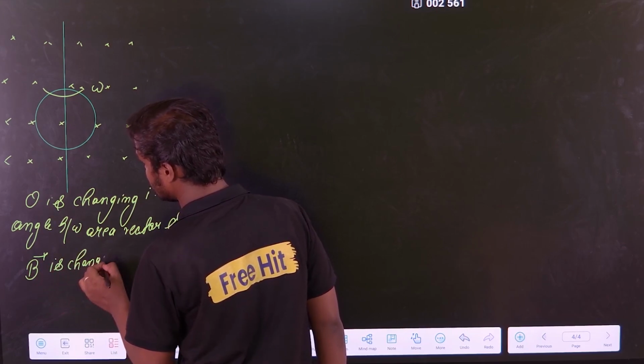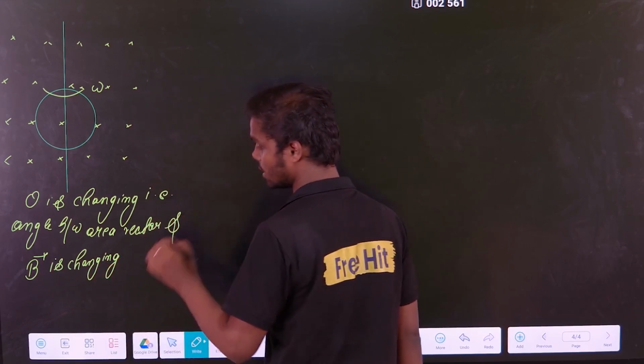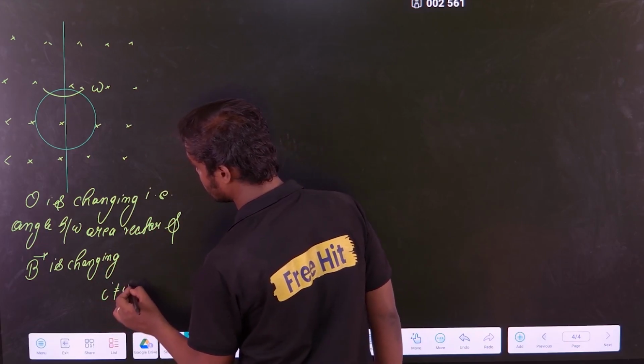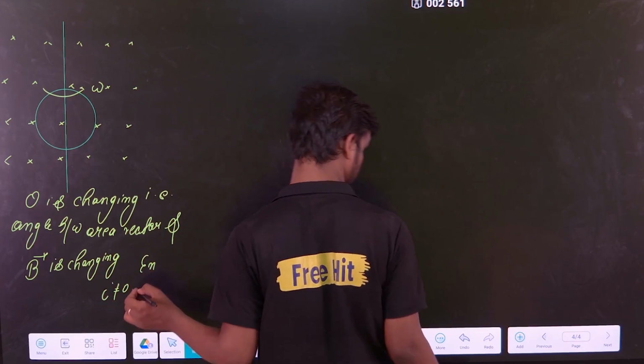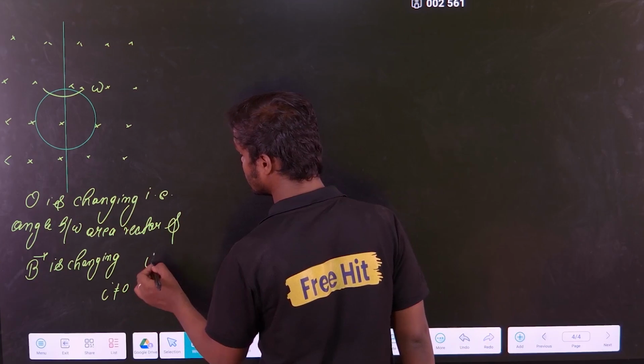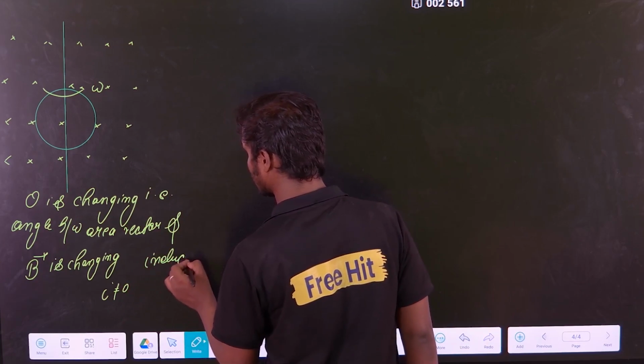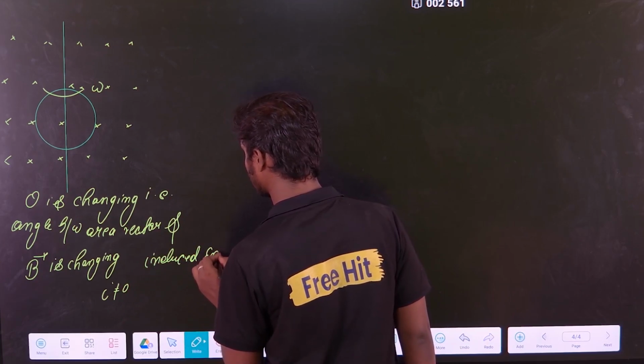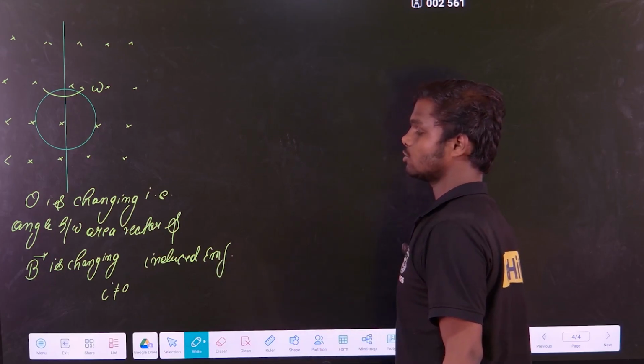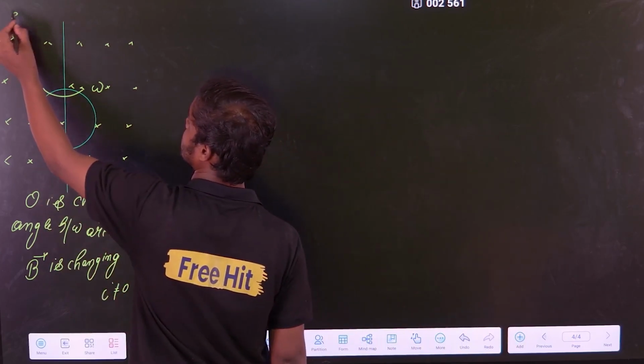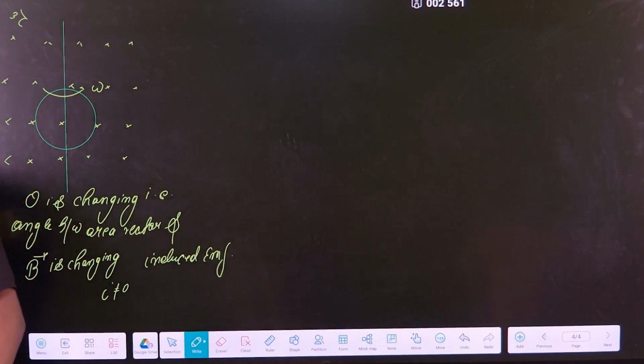So when this changes, again we have seen I is not equal to 0, that is, an induced EMF is there. So that is the third observation they made. Just note down this observation first.